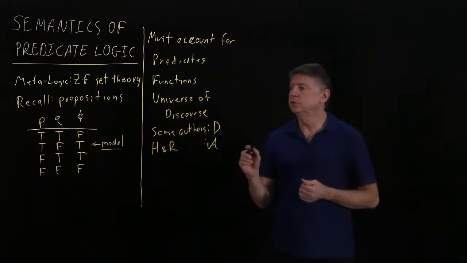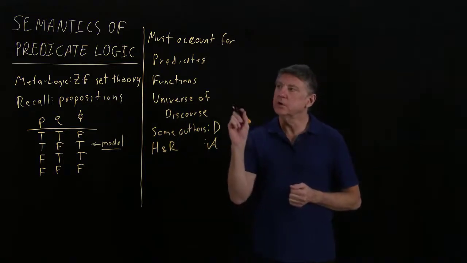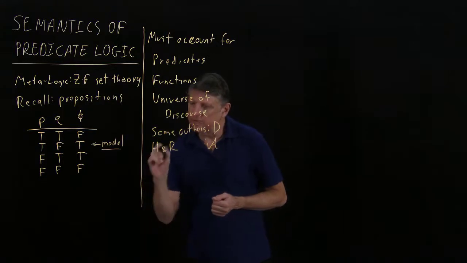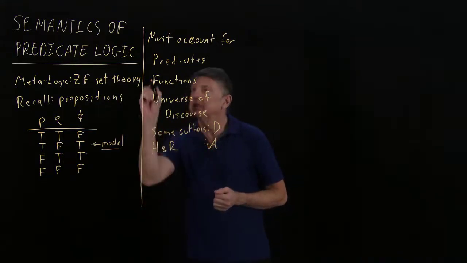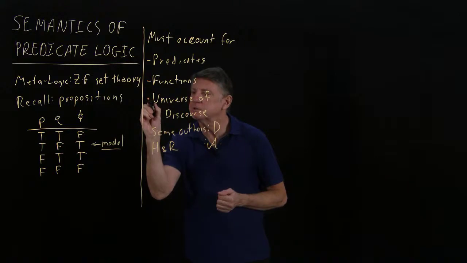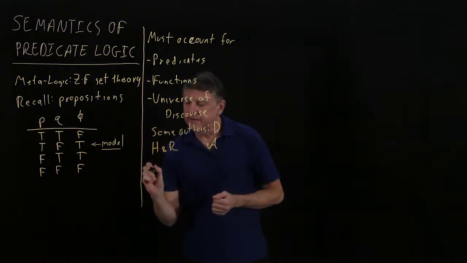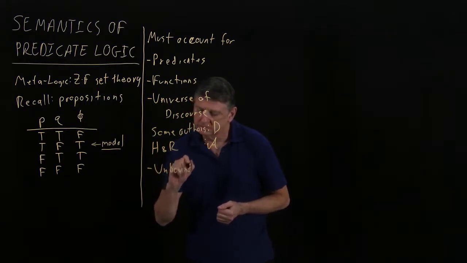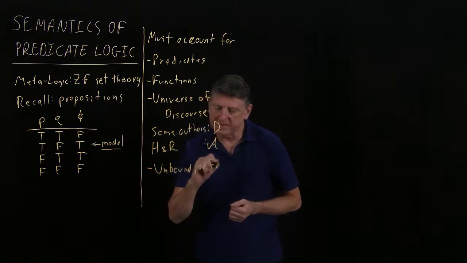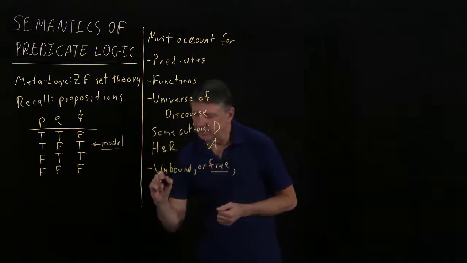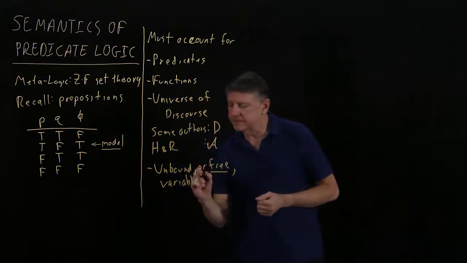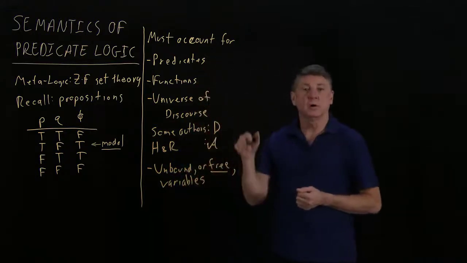And the way that we'll do this is we'll start having, we'll call these, so we'll have to have these. And so we need predicates, functions, universe of discourse, and the other thing we'll have to have is unbound or free variables.